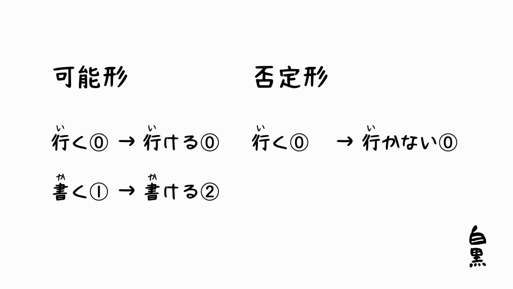Iku becomes ikanai, which is also pattern A. But taberu becomes tabenai, which also follows its original pattern.